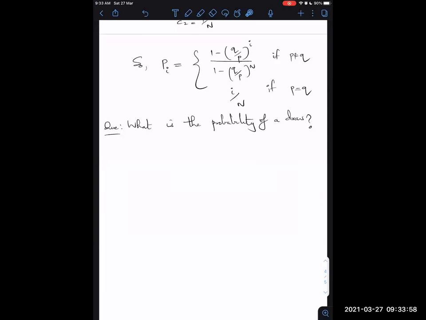Okay, yeah, exactly, it's 0, because A wins with probability I over n and B wins with probability n minus I over n. When you add both of these together, it's equal to 1. So that means the probability that there is a draw is 0. So the probability of a draw is equal to 0.